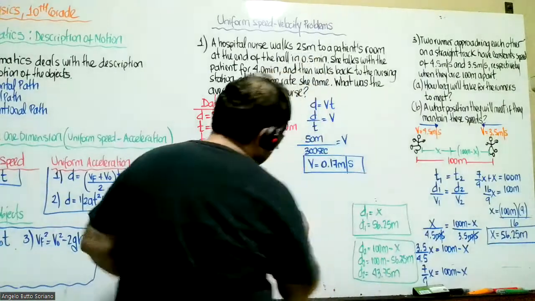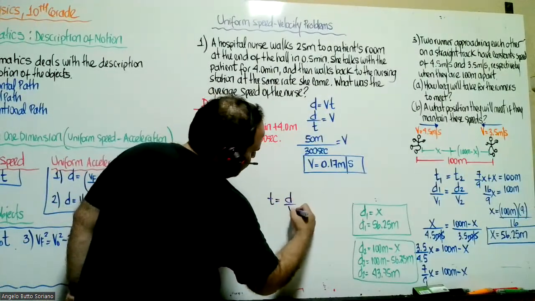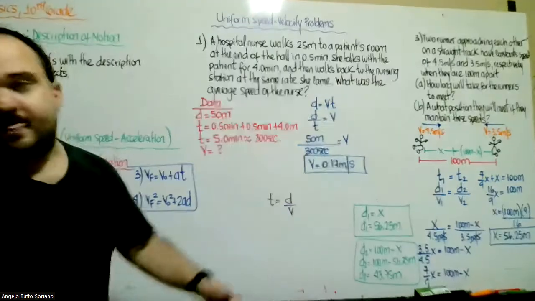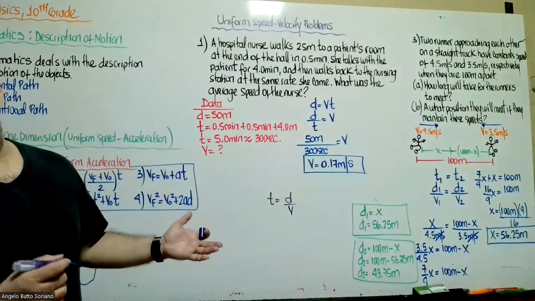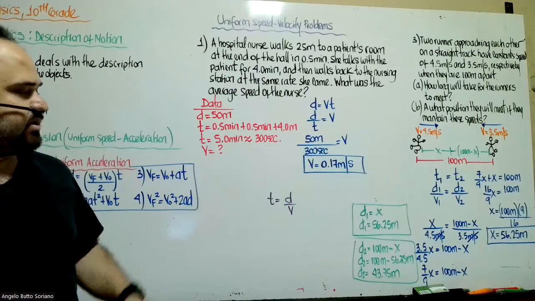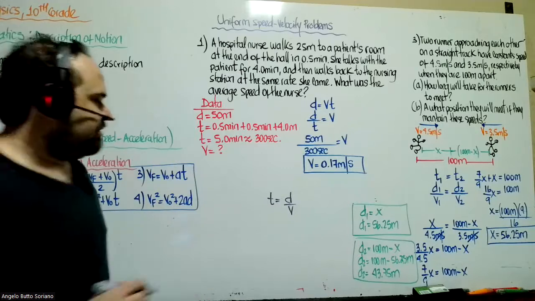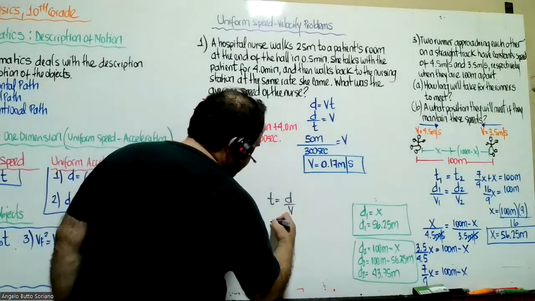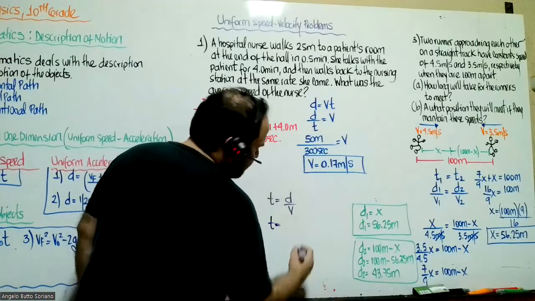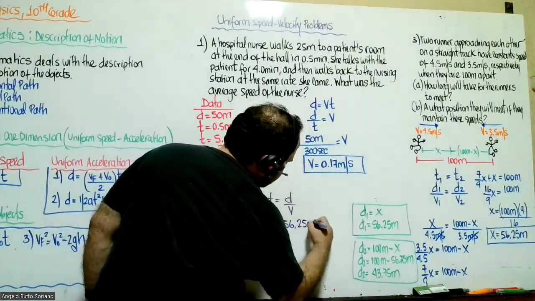Remember, we established t equals distance divided by the velocity. It doesn't matter which one you would like to use to substitute the letter d. The answer will be the same. So let's use the first runner. The distance, remember, is 56.25 meters.